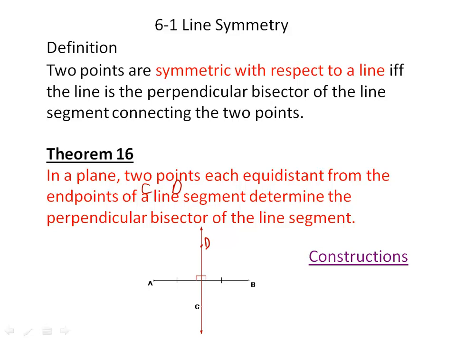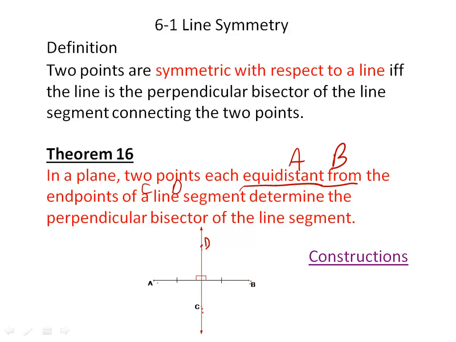They are equidistant from A and B. Alright, so the distance from C to B is the same as the distance from C to A. The distance from D to A is the same as the distance from D to B. And this creates the perpendicular bisector of the line segment.